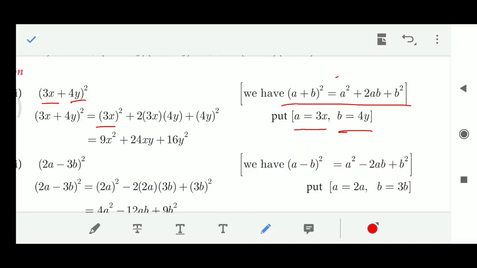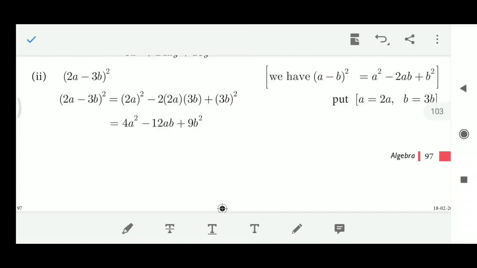Then use the identity: (3x)² + 2 × 3x × 4y + (4y)². Now simplify this. (3x)² means 3 squared gives 9 and x squared gives x², so 9x². Then the second term is 2 × 3 × 4, that is 24xy, plus 4 squared gives 16y².